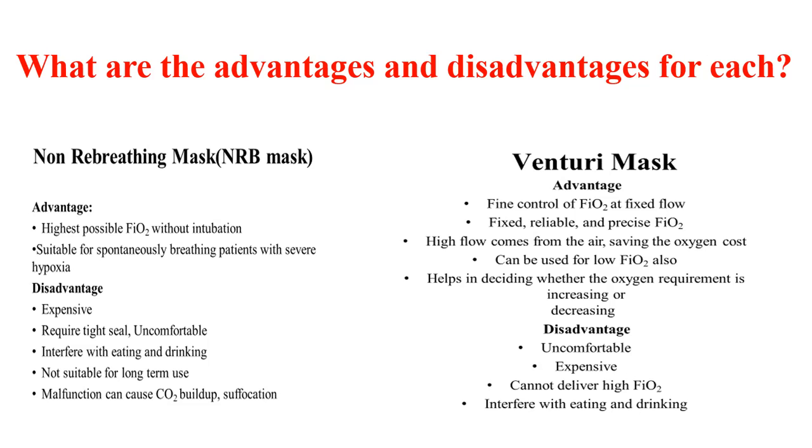I know one hospital with that Venturi. It's expensive, and it can't give high oxygen because the flow can go up to 50 liters, and it interferes with eating, drinking. Next slide.